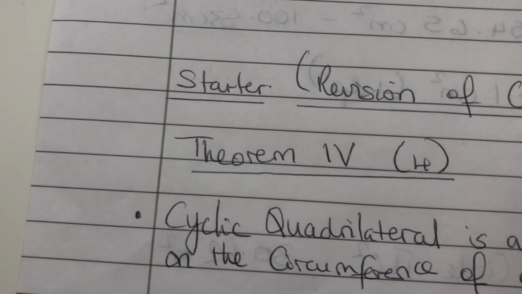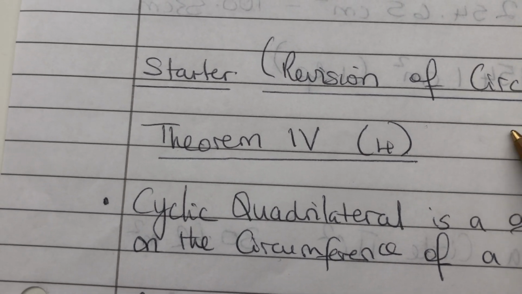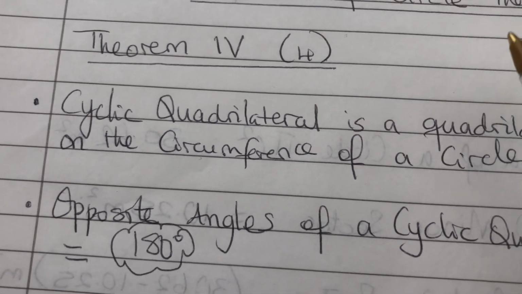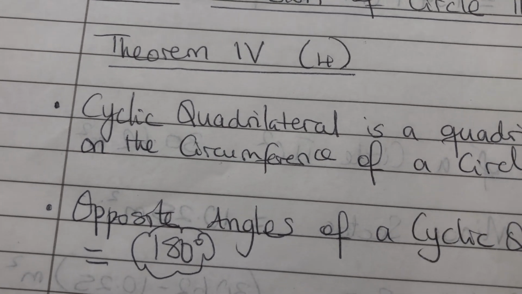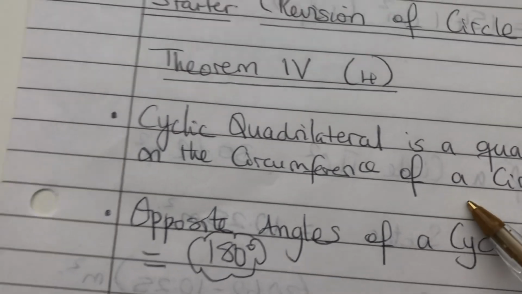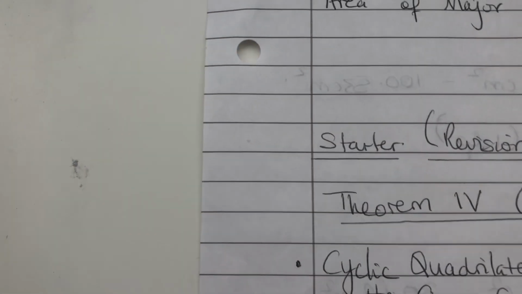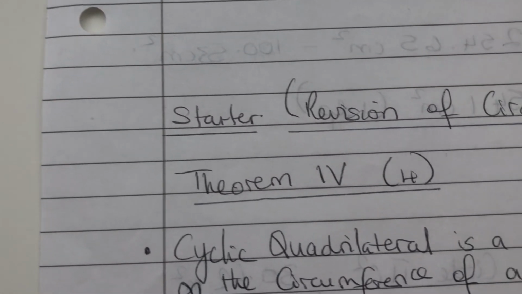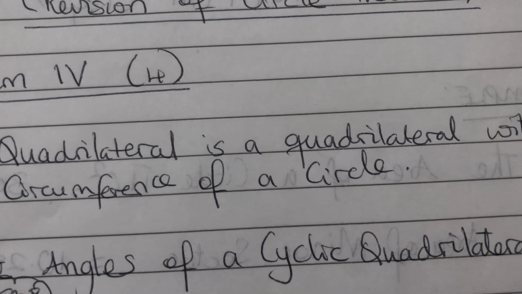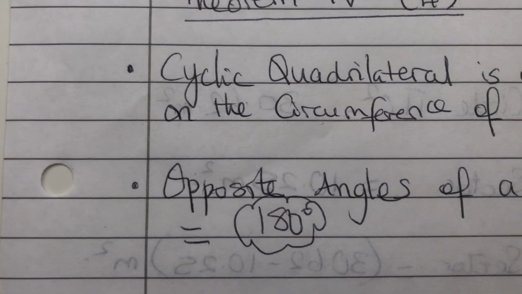Today, our starter, we are on the fourth circle theory, because I want us to know the name, and this involves the cyclic quadrilateral. A cyclic quadrilateral is a quadrilateral with 4 vertices on the circumference.